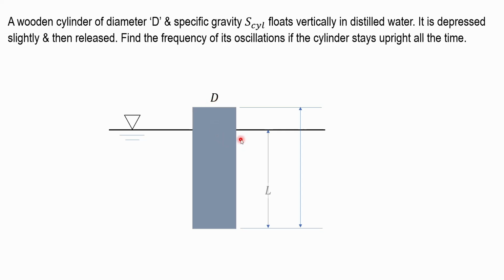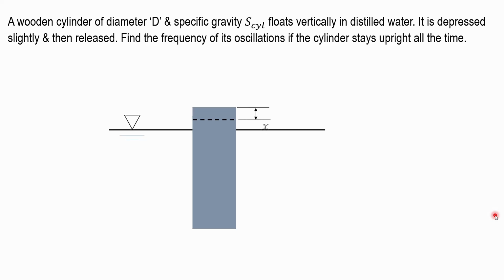And we have to find out what will be the frequency of oscillations of the cylinder if it stays upright all the time. So it is remaining in the upright position, that is the vertical position in this case. Suppose this is the displaced position. We press this wooden cylinder in the downward direction by this much amount, so it will go inside the water by that much amount.